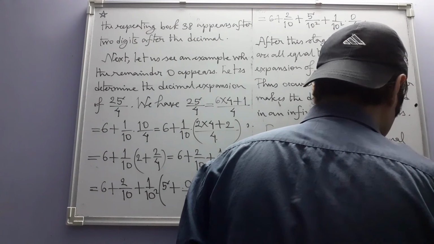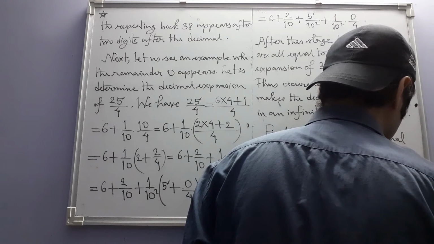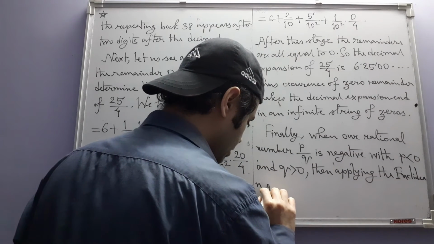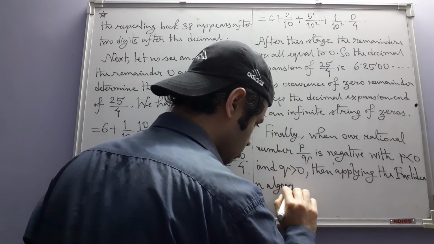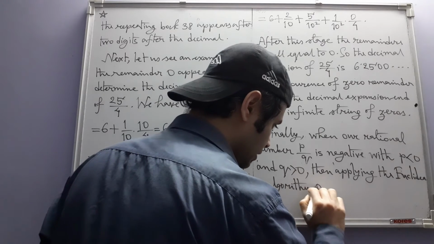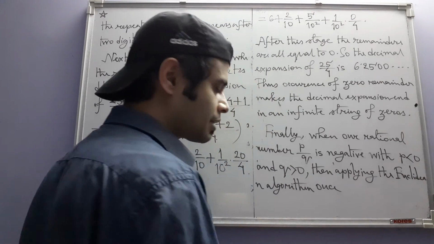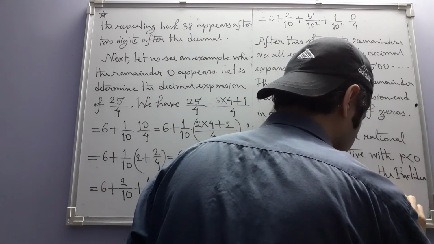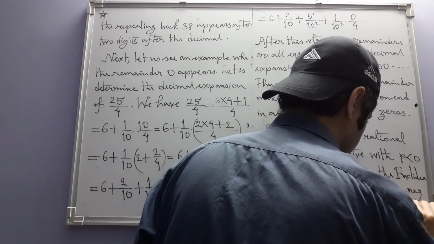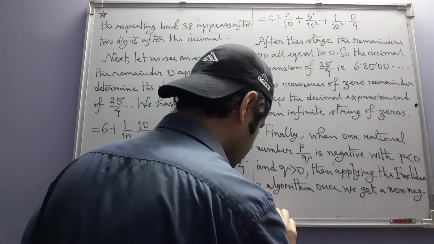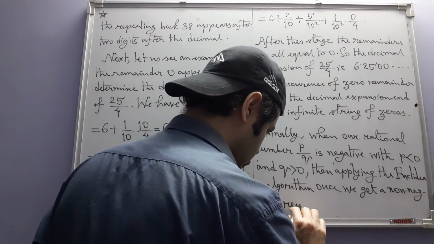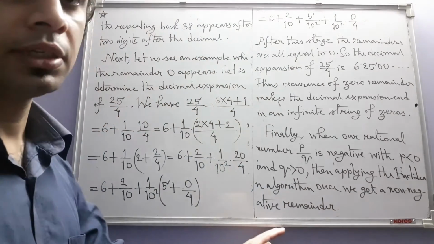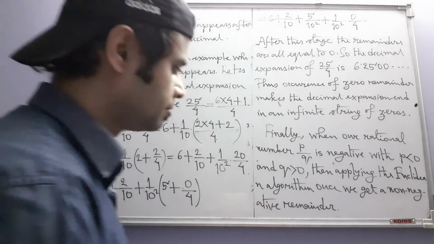Then applying the Euclidean algorithm once at the very first stage, we get a non-negative remainder, because the remainder that we get will be non-negative.